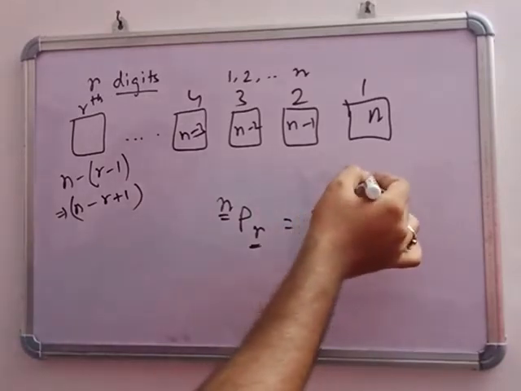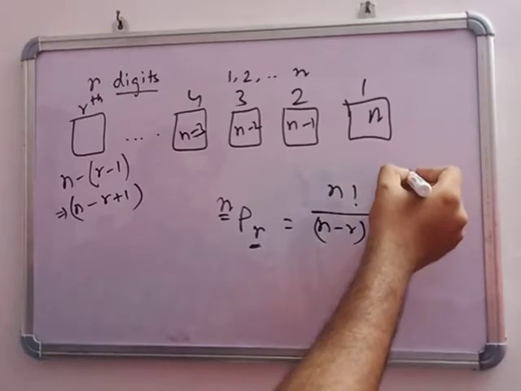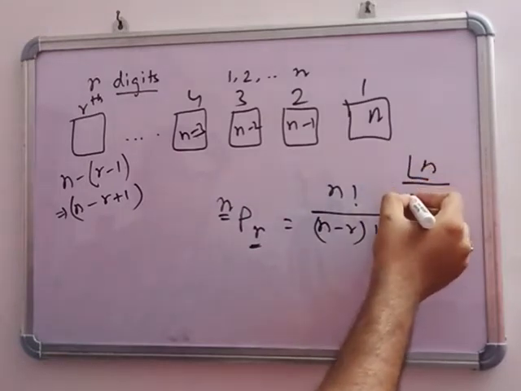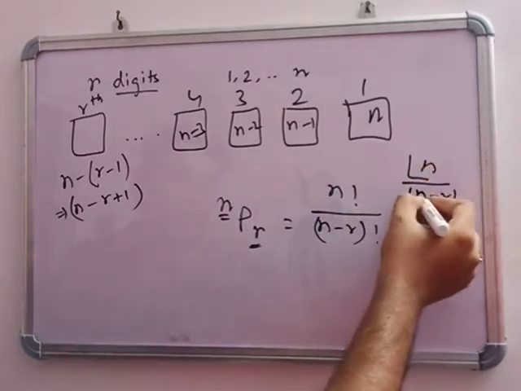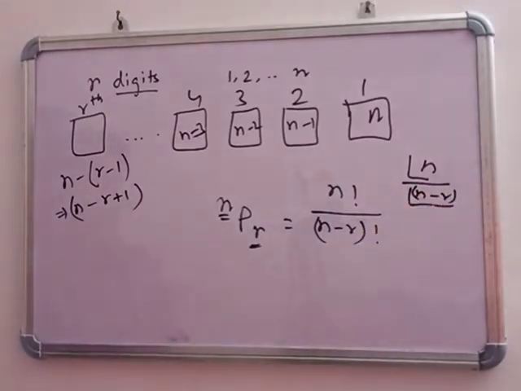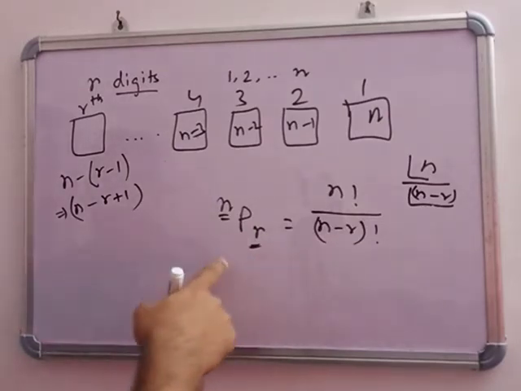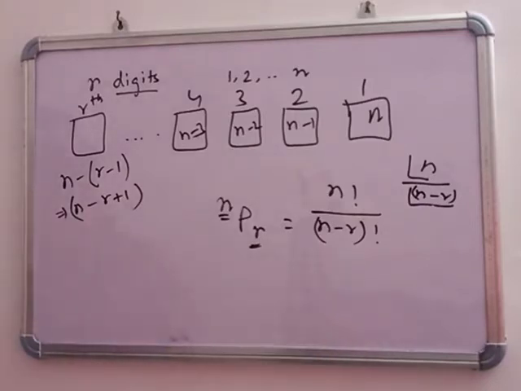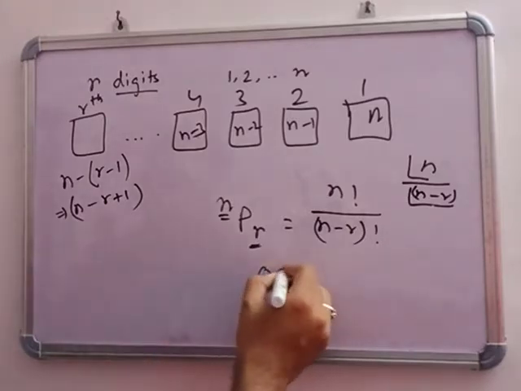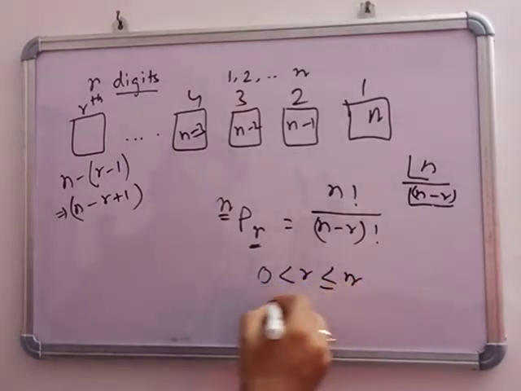This can be used in this case also. That means the number of permutations of n different objects taken r at a time, that means without repetition, where 0 less than r less than or equal to n.